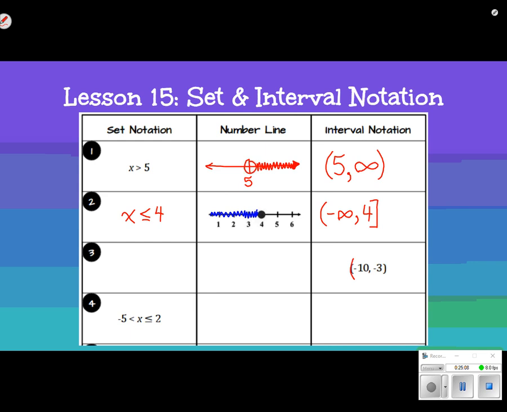All right, number 3, these guys are parentheses. It's kind of hard to tell a little bit because of the way that the computer typed them. But if I was going to graph this on a number line, it looks like the number on the left would be negative 10. The number on the right would be negative 3. Because they are both parentheses, they are both open circles.